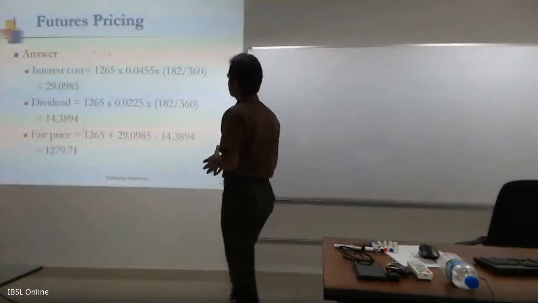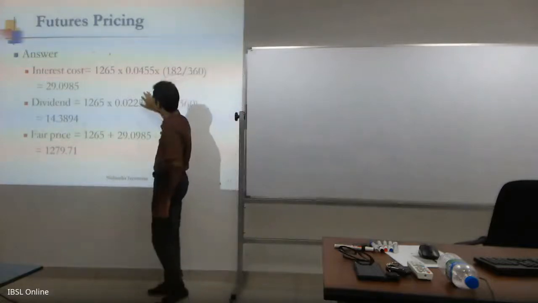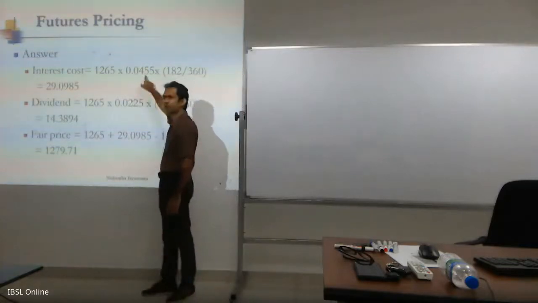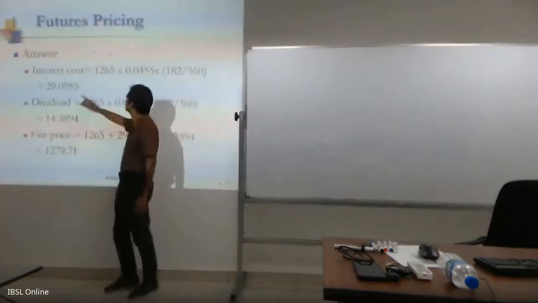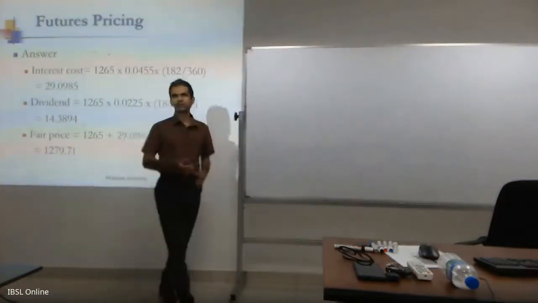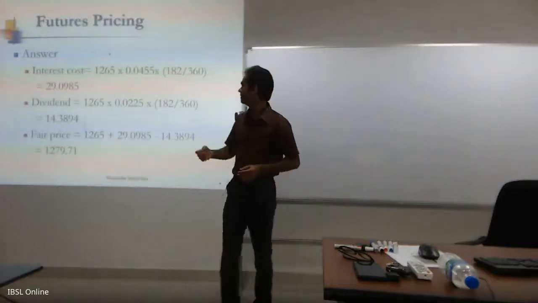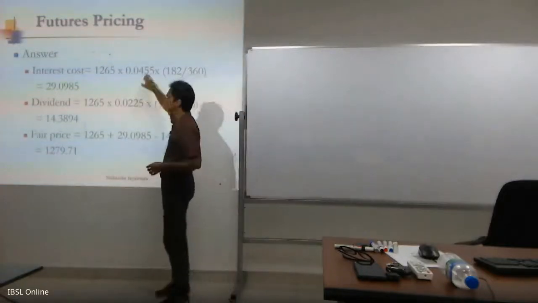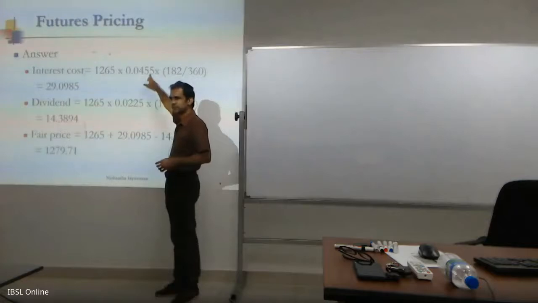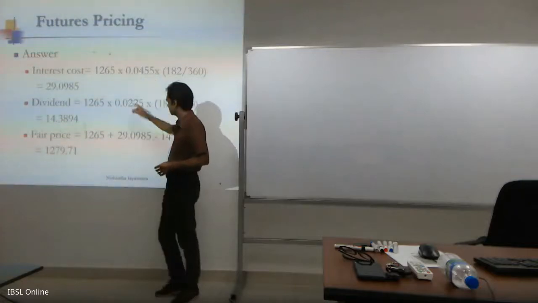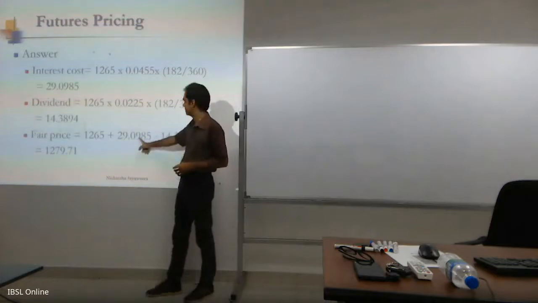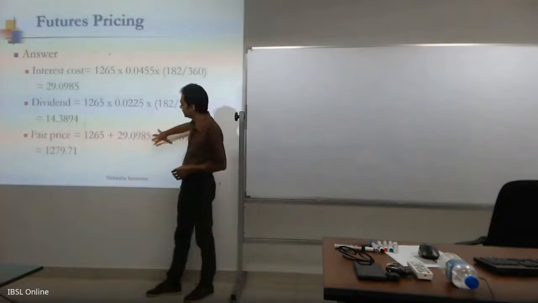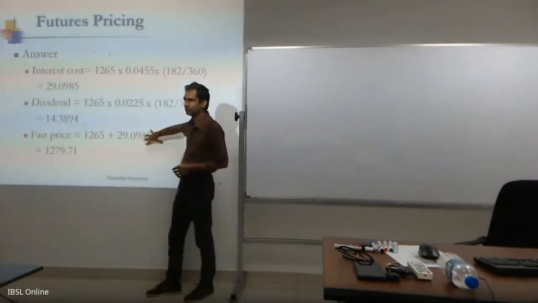If this rate was more than 4.55, it should be lower than 1,260. If the dividend yield is higher than the interest cost, then what would happen? This will be higher than this interest rate. Then the net financing cost would be negative.